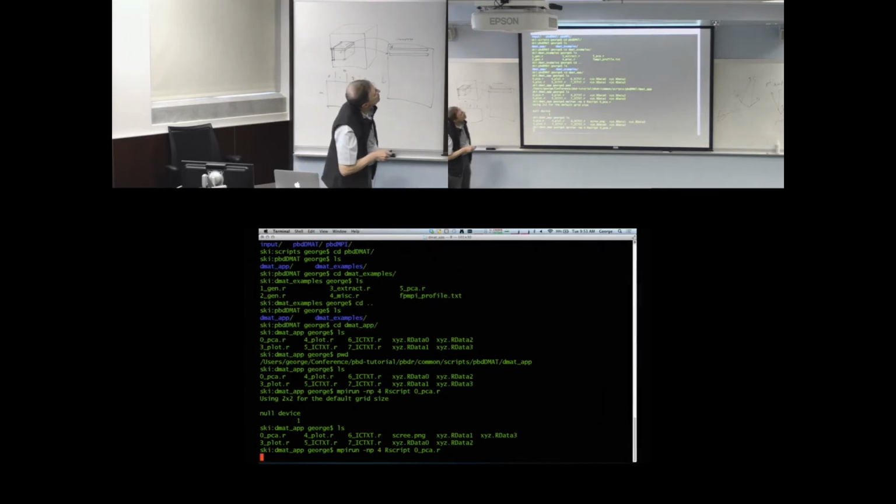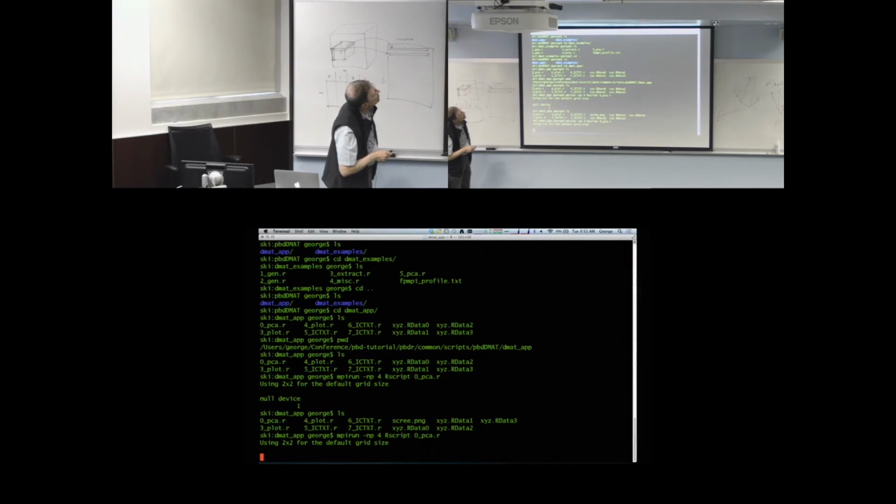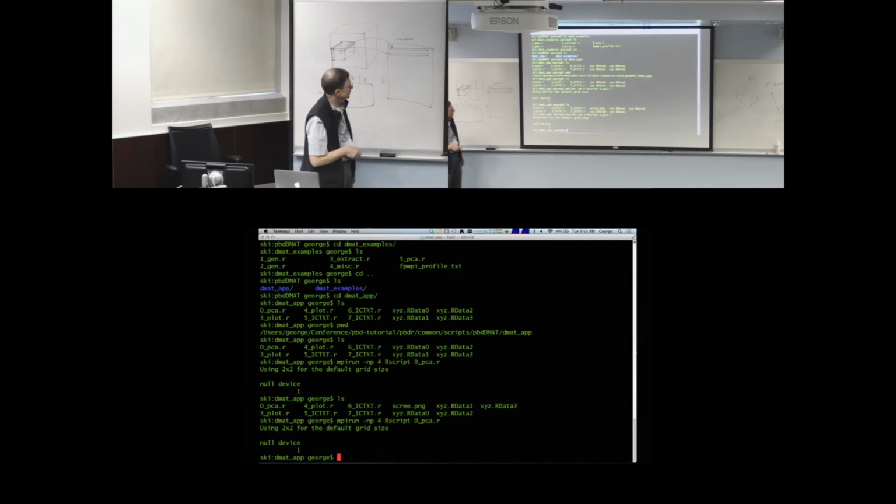If you will notice up here, these are my 2 cores. At first, they were not very busy, and now they're getting really, really busy because they're both trying to do this. It just takes a few seconds because that's a pretty good size chunk of data, at least for the laptop. And it just finished.